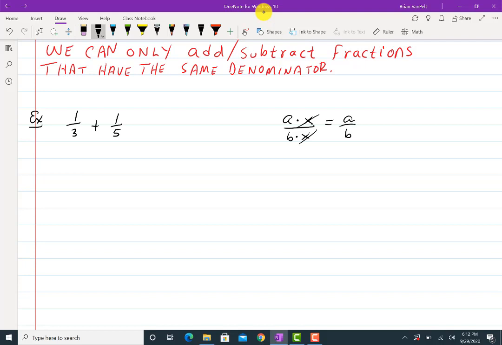Well, there's no reason I can't go in the reverse direction. I want to multiply the same thing in the numerator and denominator for each fraction and arrive at numbers that are the same for the denominator. So for example, what I need to do is figure out the LCD.